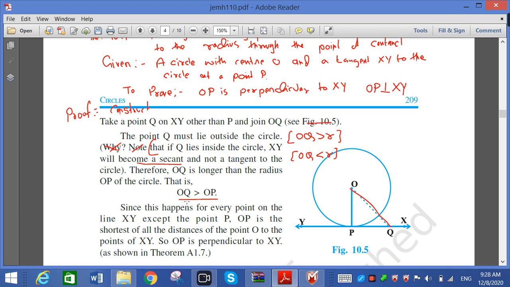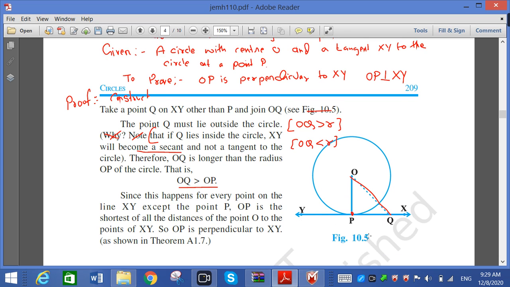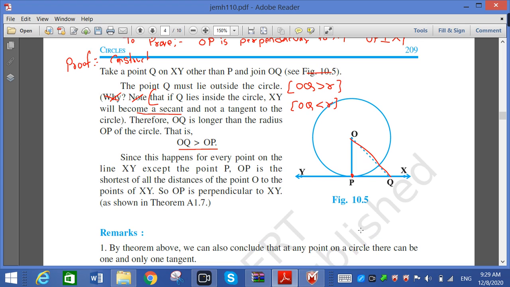So only one is possible, that is OQ greater than OP. Point P is on XY. So OP is the shortest of all the distances from the point O to the line XY. So hence it is proved.